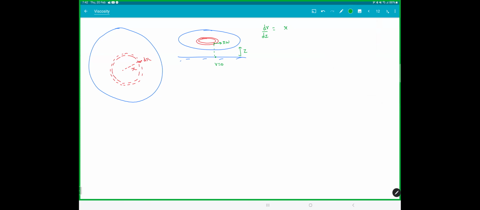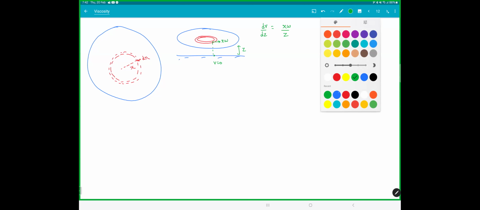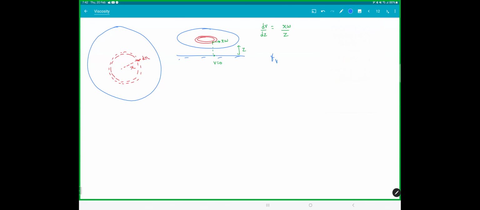Make sense? That means for every ring, the velocity gradient is different. Now, every ring is going with different velocity. So the viscous force on the ring will be eta, area will be 2 pi x dx, velocity gradient will be x omega by z.